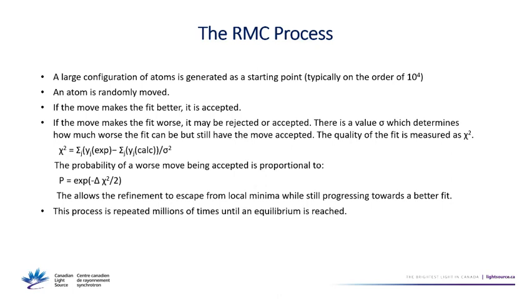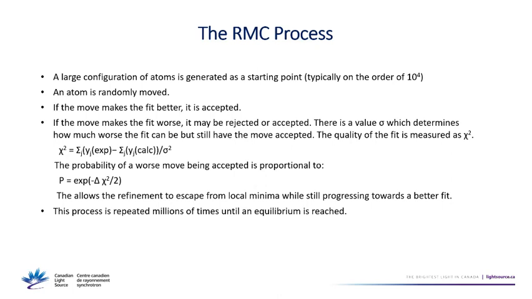And there's a value called sigma, which you set, which determines how many bad moves are accepted. Basically, you have this chi-squared, which is a value that determines how good your fit is, and you get a delta chi-squared, and then the probability of whether it's accepted depends on how much worse the fit is. So as you change sigma, you're changing how big the chi-squared difference is.